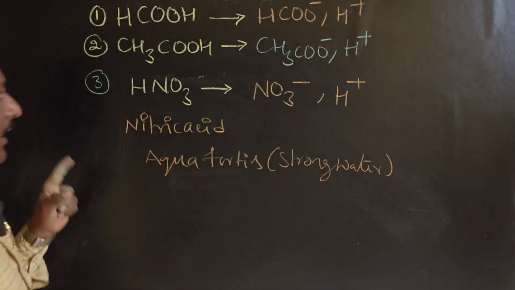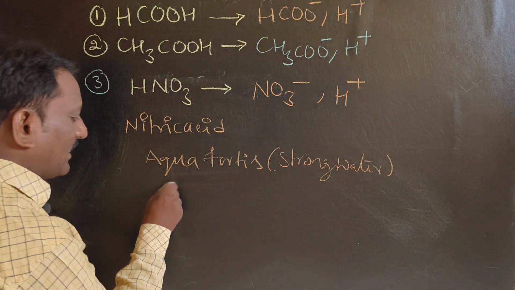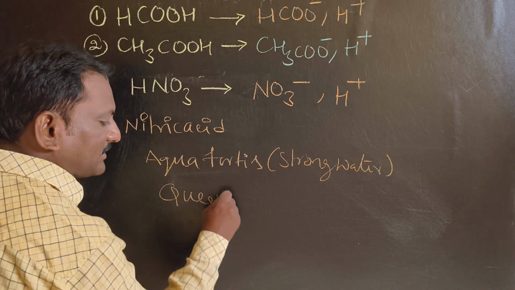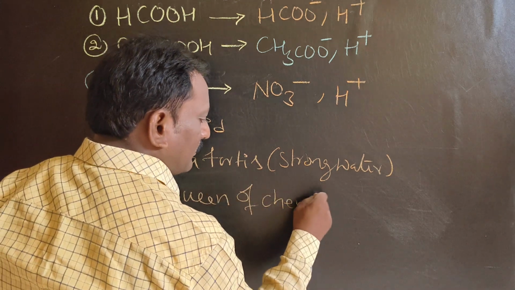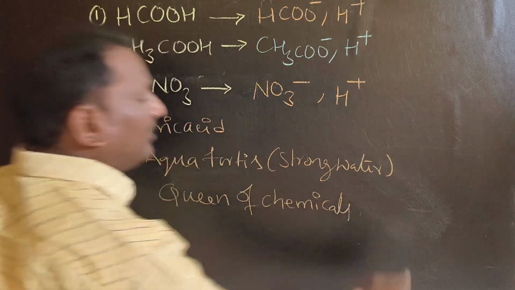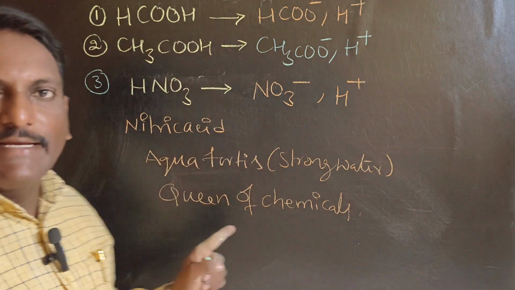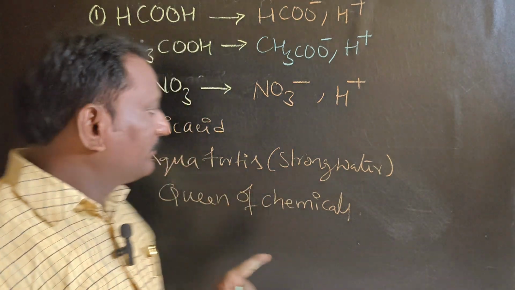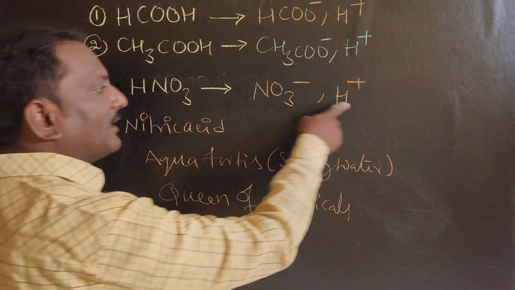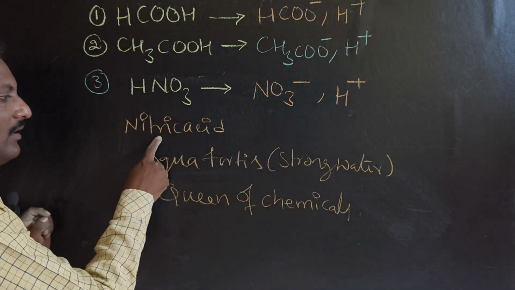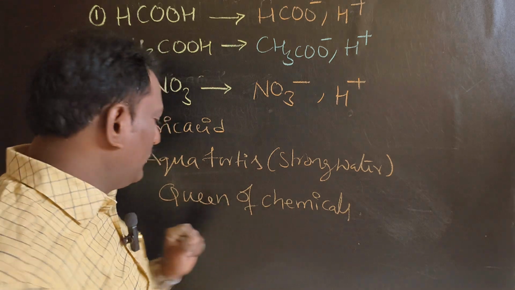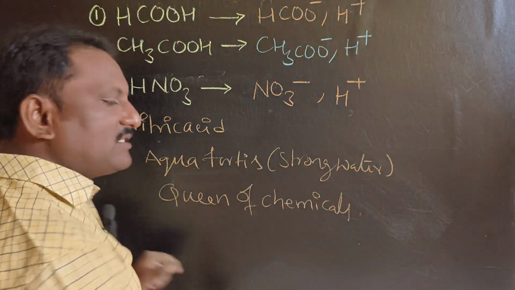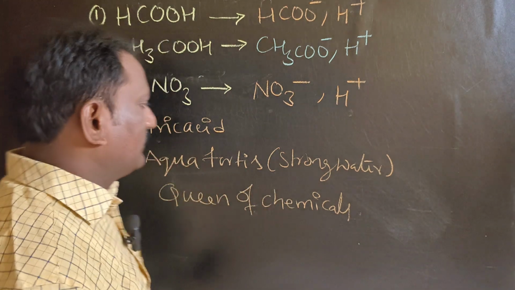Nitric acid is also considered the queen of chemicals. Queen of chemicals. Nitric acid, HNO3, is split up into nitrate ion and H plus ion. So nitric acid is also called aqua fortis, that means strong water, and is also considered the queen of chemicals.